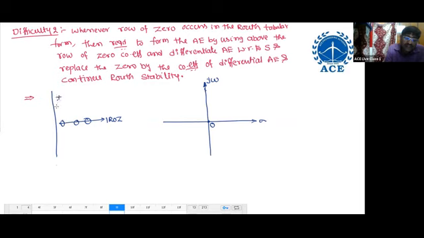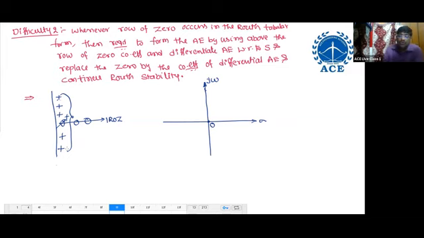Now all the coefficients in the first column have the same sign, either positive or negative. What is the meaning of that?